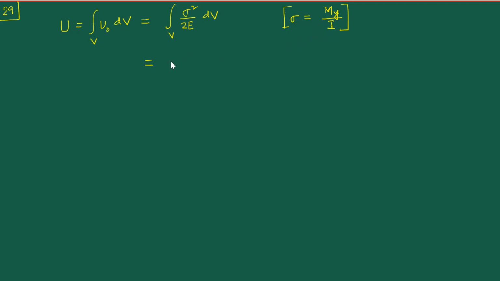What is important, however, is to realize that since we'll be carrying out this integration over the entire volume, which means we have to integrate over the length of the beam also, in addition to an integration over the cross-sectional area, and there is a possibility that this bending moment will have a certain variation along the length of the beam, we have to be a little bit careful here.